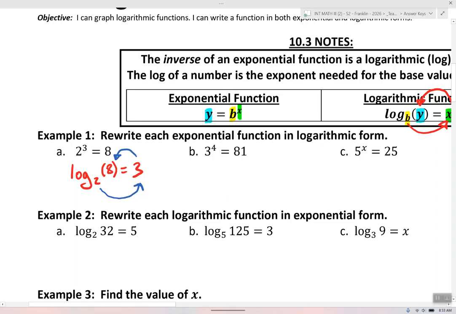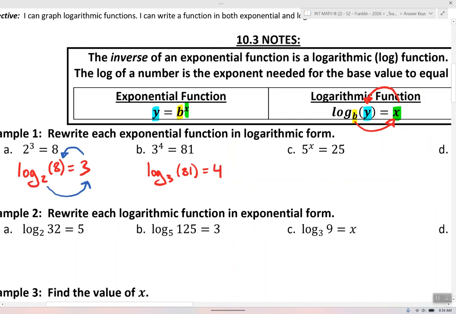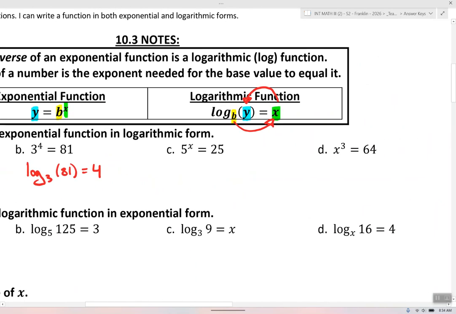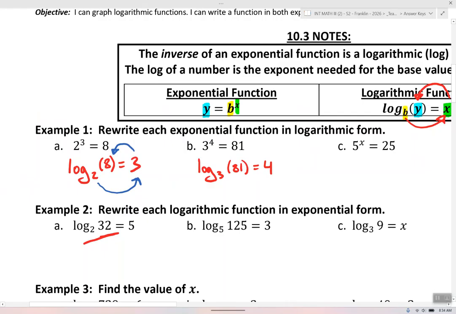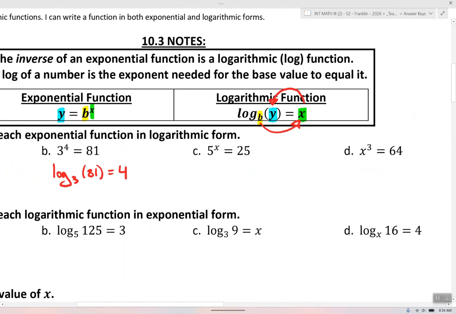Okay, 3 to the fourth equals 81. This is going to be log base 3 of 81 equals 4. Now these parentheses, you'll often see these written without them, as you can see down here. But I like to write them just so it's clear what's contained inside the log function when I'm writing these by hand. Okay, 5 to the x equals 25. This is going to be log base 5 of 25 equals x. So the base is always the same as the exponential base.